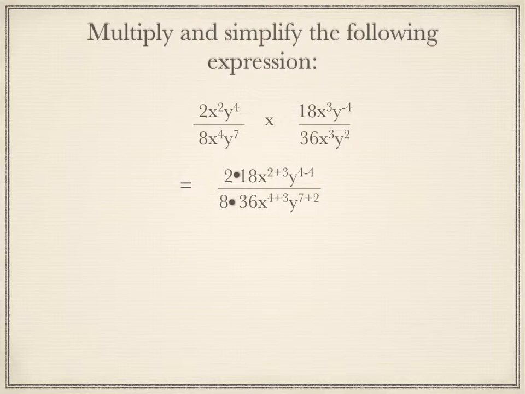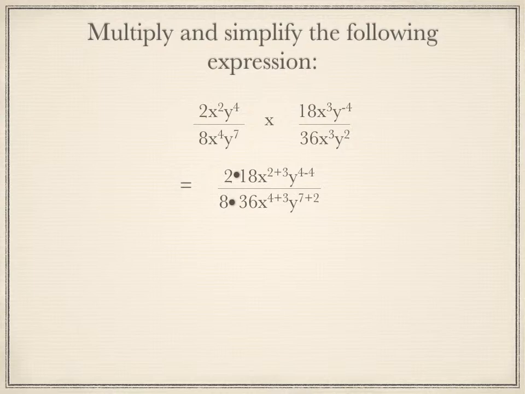So first I'm just going to multiply my numbers, 2 times 18, and I'm just going to leave them like that. And then x, 2 plus 3, y, 4 minus 4, or if you want to think of it as 4 plus a -4, that's just fine as well.